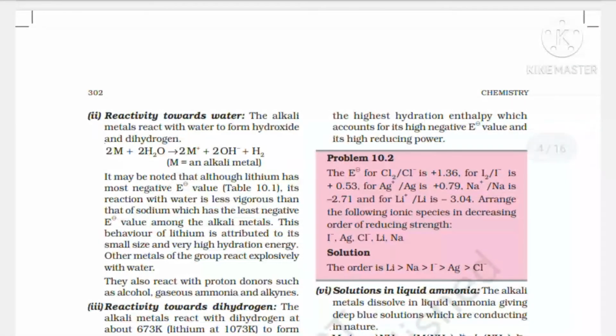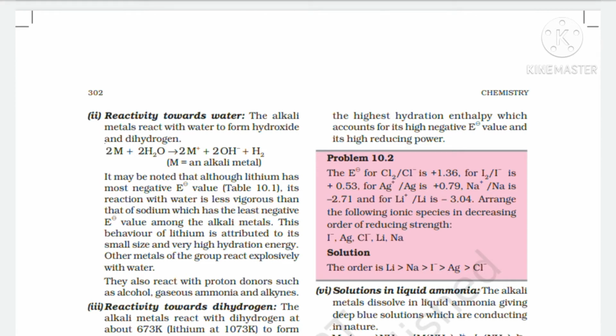Then reactivity toward water. The alkali metals react with water to form hydroxide and dihydrogen. The reaction is 2M plus 2H2O to form 2M positive plus 2OH negative plus H2, where M is an alkali metal.